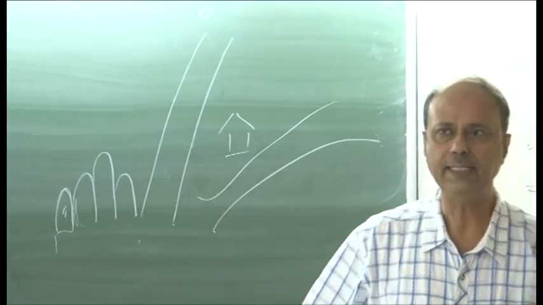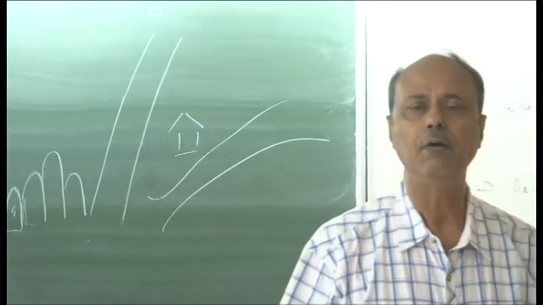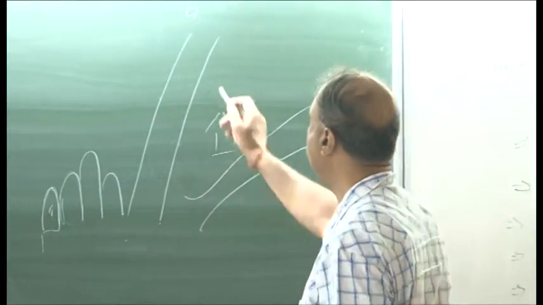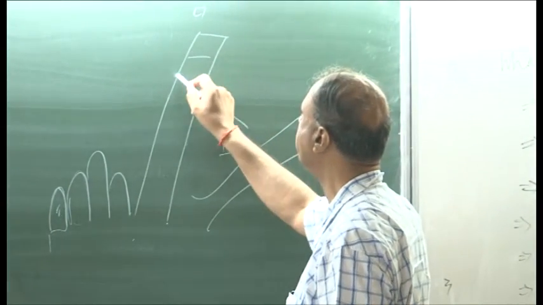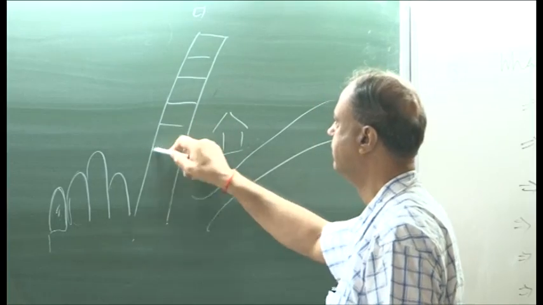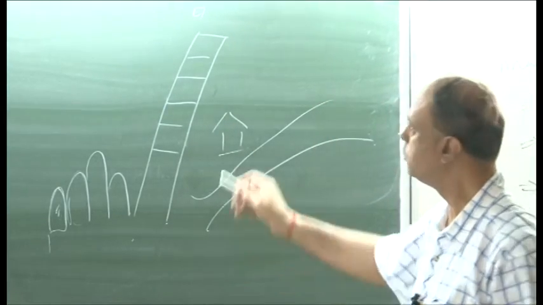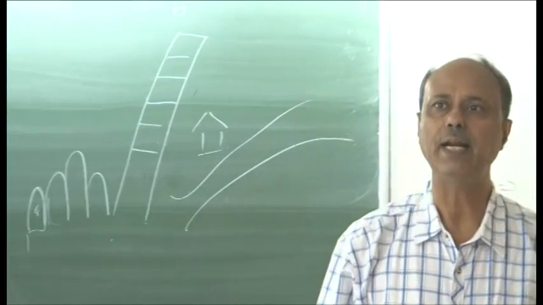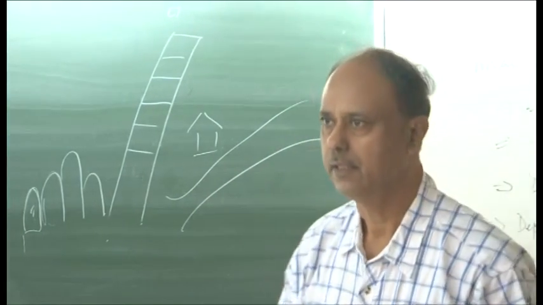Handling such a whole path at any instant of time will be very difficult. So what we do is divide it into frames. This frame has to be taken into account for analysis, right?